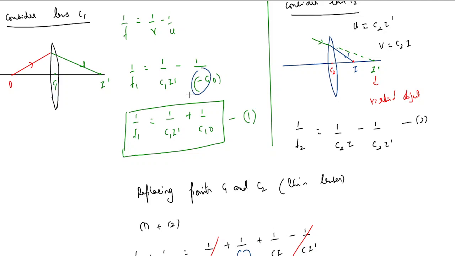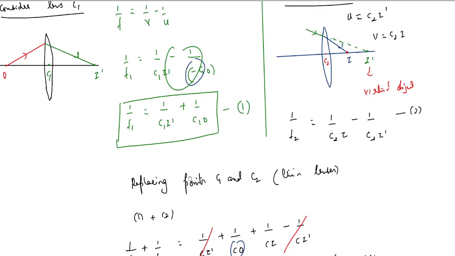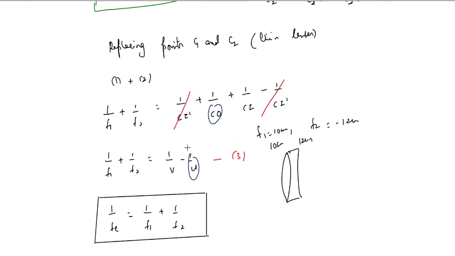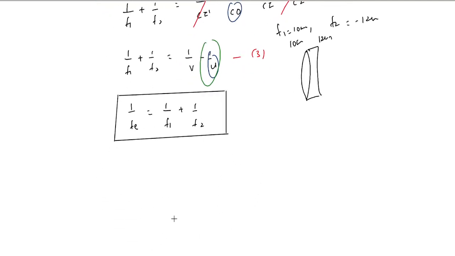Otherwise, we would get different formulas for different equations. So in terms of power, we can say power of equivalent lens is equal to P1 plus P2. Keep in mind that this is for two lenses which are touching each other.